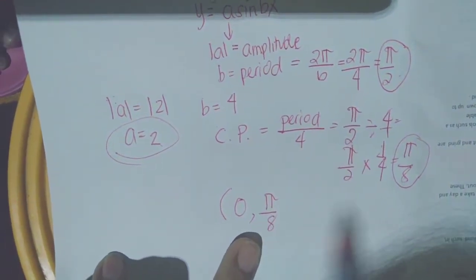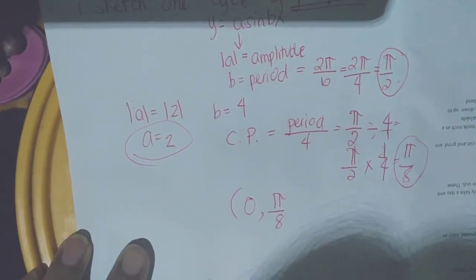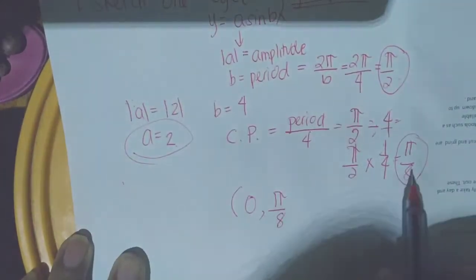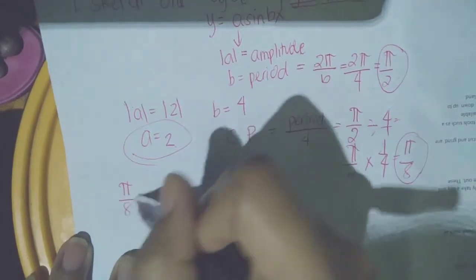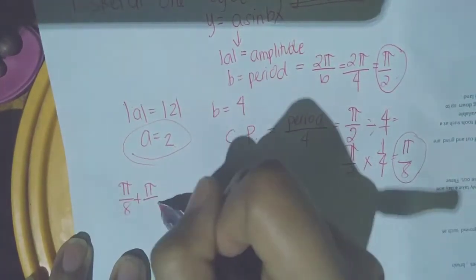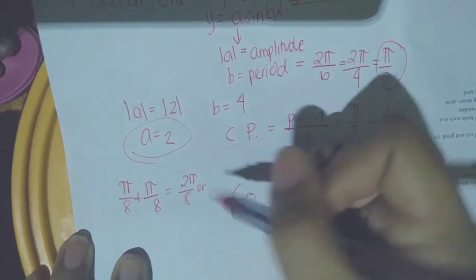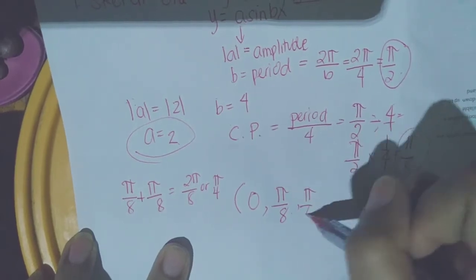Then we add pi over 8. Since our critical point is pi over 8, we add it each time. Pi over 8 plus pi over 8 is 2 pi over 8, or reduced, pi over 4.